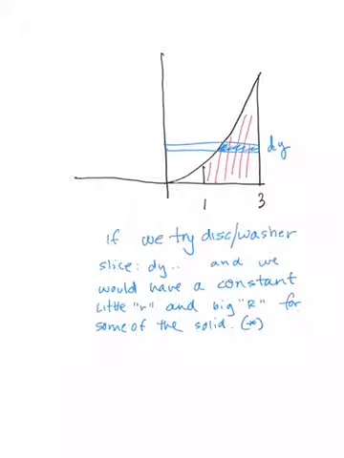So look up here, we're going to draw it in yellow. That portion is going to have a constant small r and a constant big R.